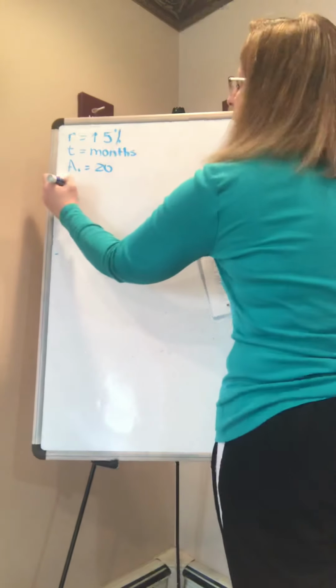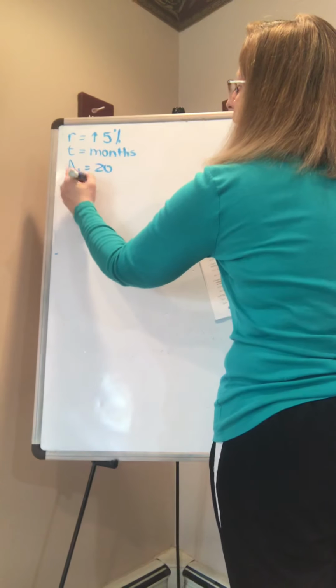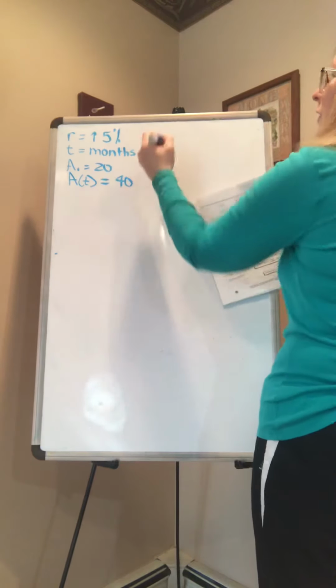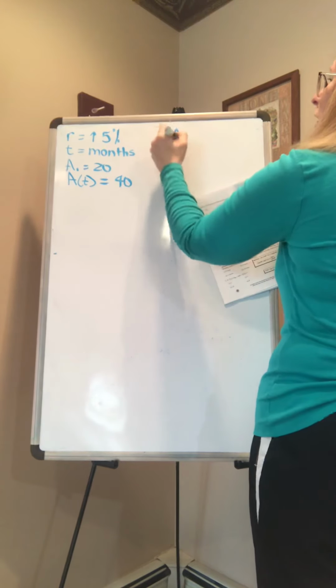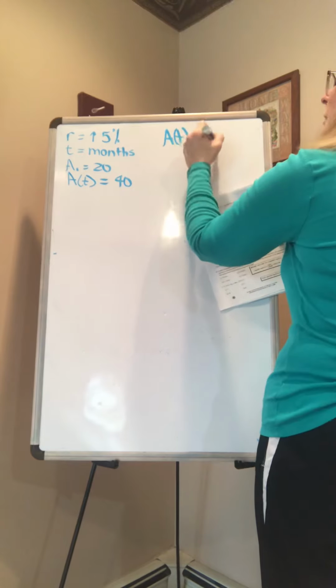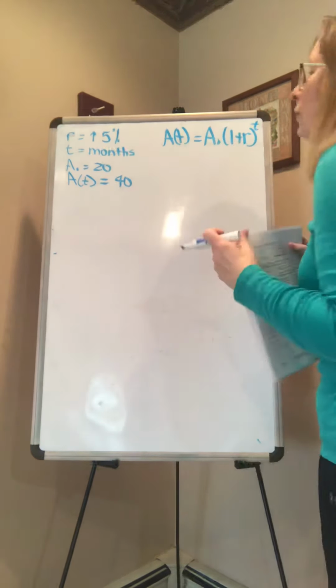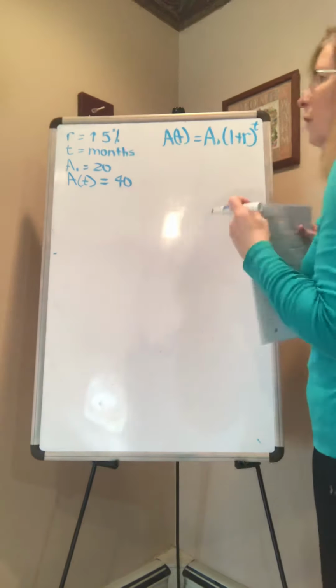All right, so now I want the amount over time to be 40, 20 times 2. So here, using the equation, amount over time is equal to the initial amount, 1 plus the rate to the time. Because we're growing, it's the plus, not the minus.